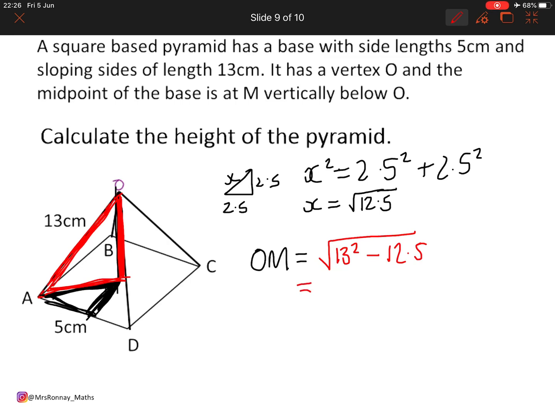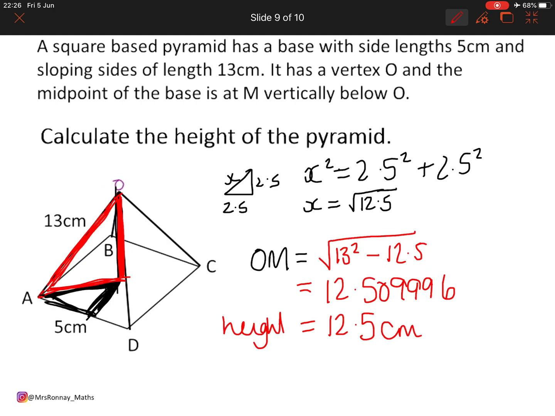So 13 squared minus 12.5 equals, and then square root, 12.509996. No information about rounding, so we can round it to something sensible, 12.5, and then units, centimetres. So the height is 12.5 centimetres.